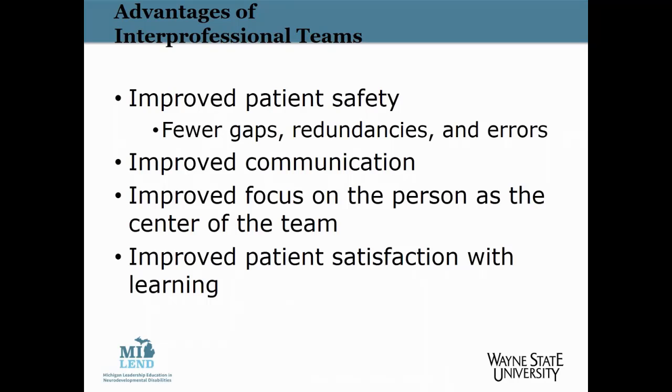As you saw from when they were playing their role, they were a little less open about what they would like to have happen versus when each team member spoke about it from their own profession. They were more open and able to share more of their own experiences.